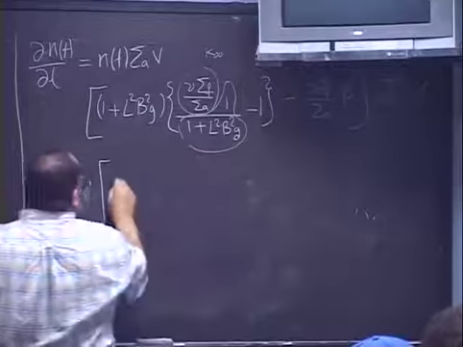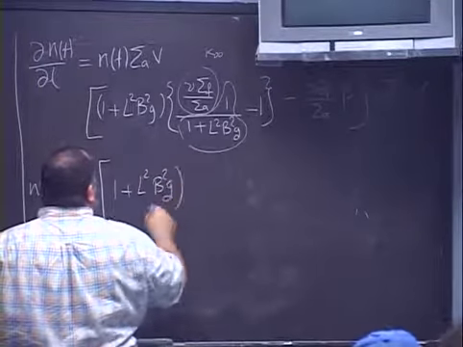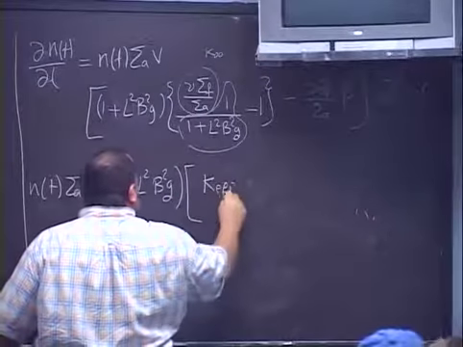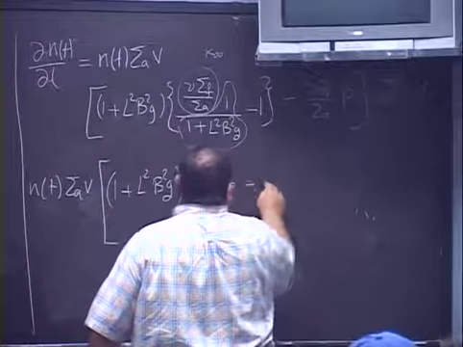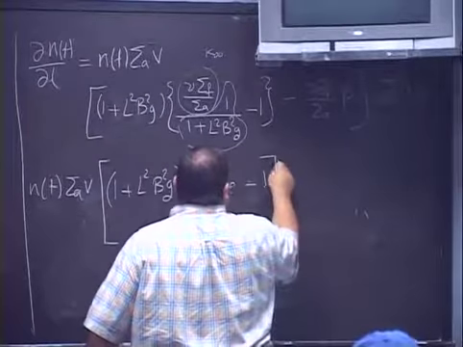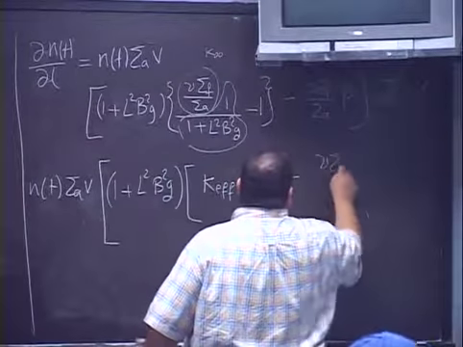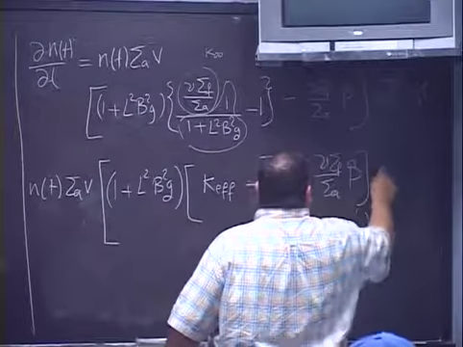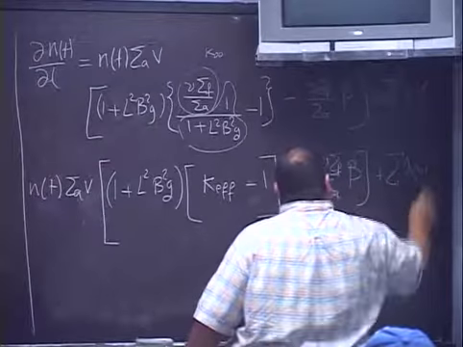So this would be 1 plus L square B square G multiplied by K effective minus 1, minus nu sigma fission over sigma absorption multiplied by beta plus the summation of lambda i Ci.